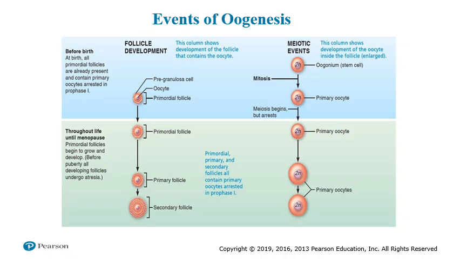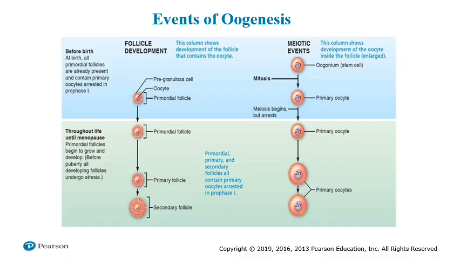Okay, we left off with the primordial follicle maturing into the primary follicle and into the secondary follicle. Meanwhile, the egg inside it will be your primary oocyte.